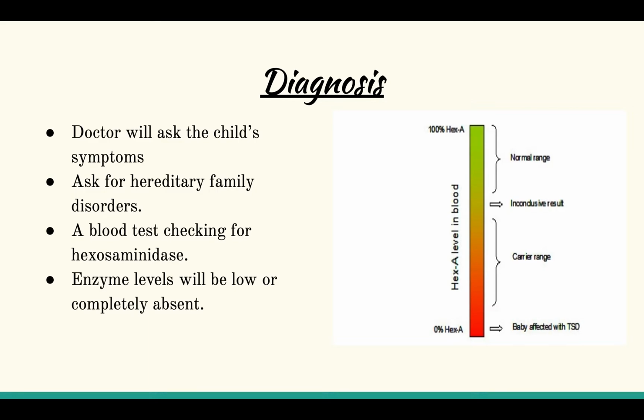They may not have symptoms themselves, but that does mean that they have a possibility of passing it down to their children. And then at the very bottom, you can see baby affected with TSD, which stands for Tay Sachs Disease. This is going to be the people who have both genes from their parents, experience symptoms, or maybe not, and then they are going to have a 0% hex-A level because they will not have the enzyme to break down the gangliosides.